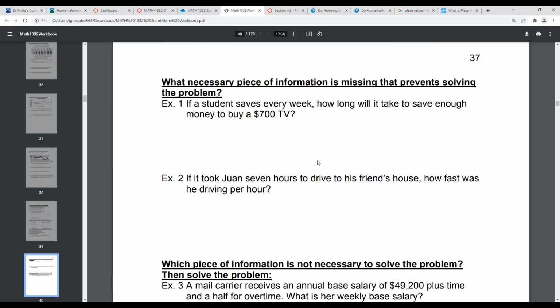Speed would be helpful. If we had distance, we could probably calculate the speed, but one of those would be nice. Either distance, speed, something, but there's too many things missing, so you can't solve anything.